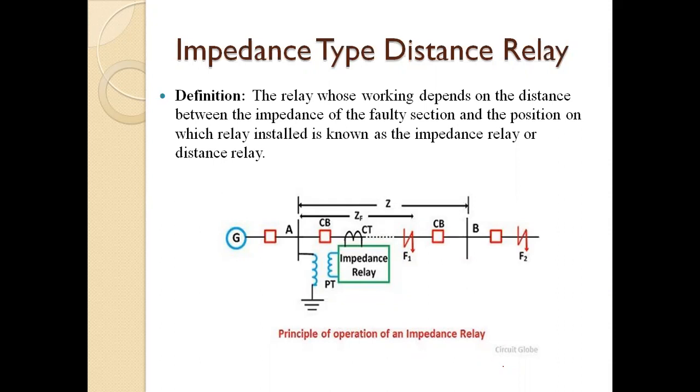So we are going in detail for all the relays, because in previous chapters we have seen only the basics of these relays, means what is actually the static relay, what is the electromechanical relay, but how it is going to operate in these applications, that is the transmission lines, then in equipments and in the alternator protection, we'll see in the respective chapters. Okay. So this is impedance type distance relay.